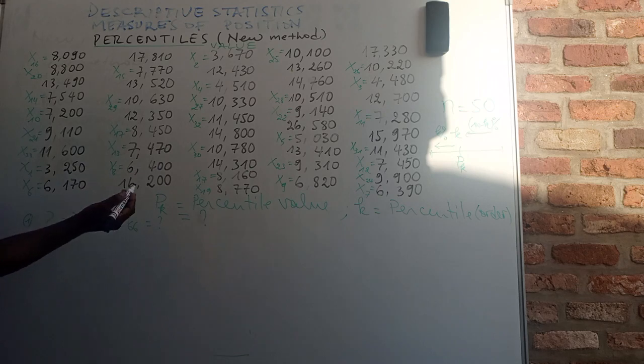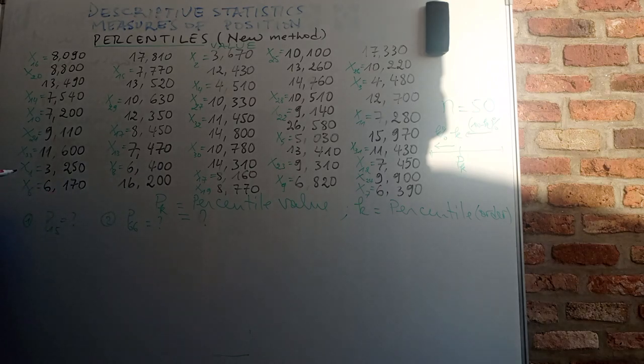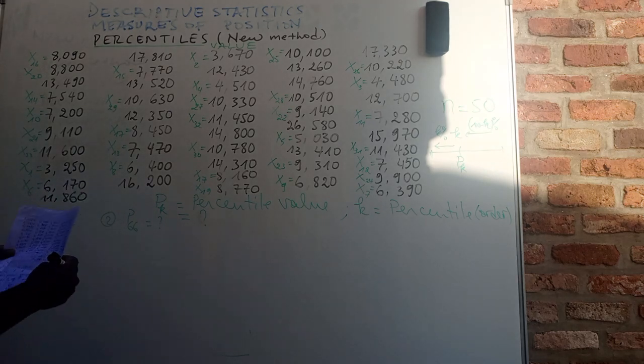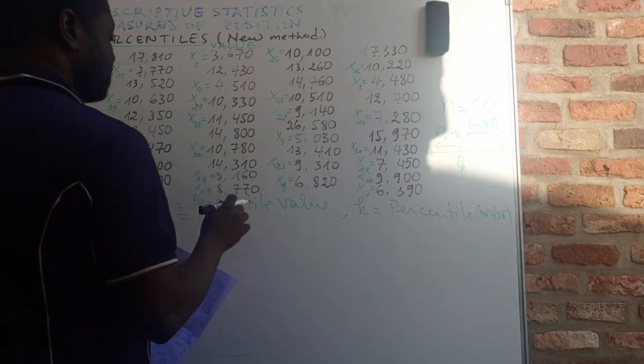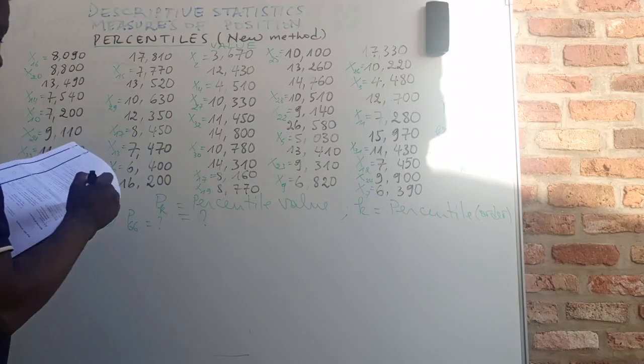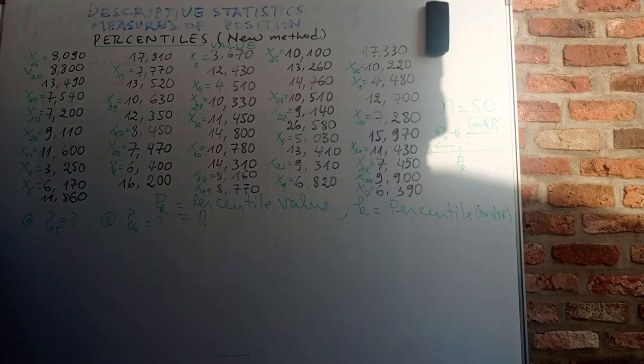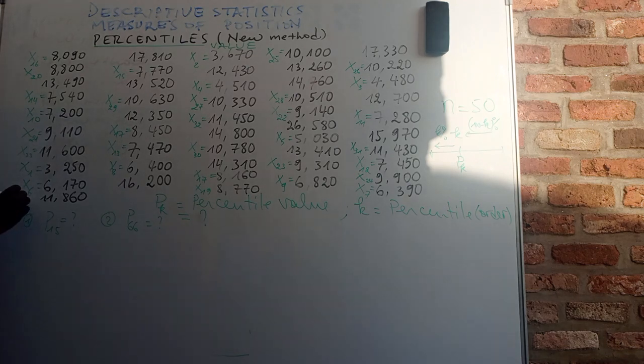I can put it anywhere you want. The first one I want to add is 11860. So we are still missing one here. So we're going to find it, because as I'm listing this, that is x sub 34. This is 11860.